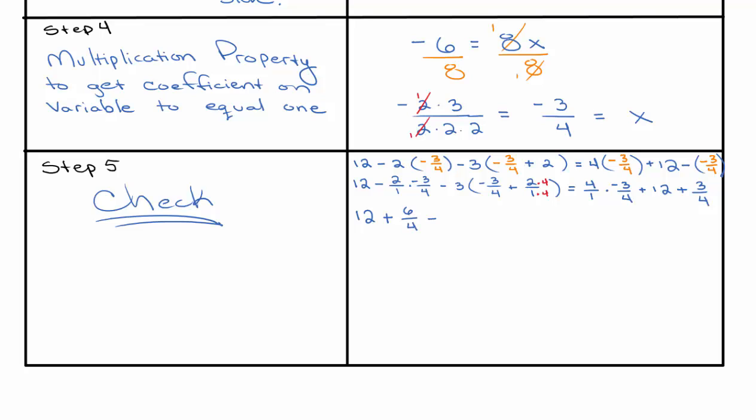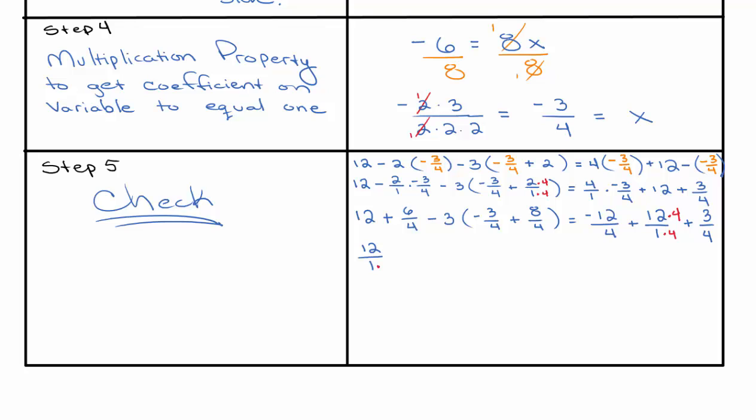So this will give me positive 6/4 minus 3 times, this will be negative 3/4 plus 8/4 equals negative 12 over 4 plus, I can already tell that my LCD here is going to have to be 4, so I'm going to write a 1 here so I can get that LCD of 4, and I'll just write here that I'm going to have to multiply by 4 to both of these, the 12 and the 1. Alright, let's go back to the left hand side. I can already tell that I'm going to be working there with an LCD also of 4, so I'm just going to write this 12 here.